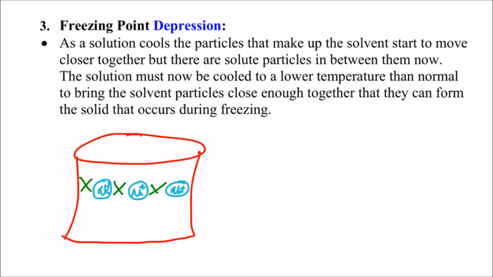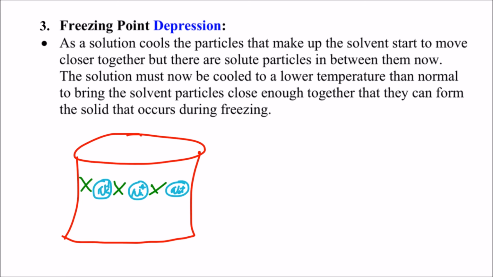If I had a pure substance, I don't have to remove very much energy to get those water molecules close enough to each other and sitting still enough so that they form a solid. But this one, I'll have to drop the temperature a lot to make these water molecules squeeze close enough together, and they will be trapping the sodium ion between them, but they'll be squeezing on it, and they'll get close enough that they can actually form a solid.